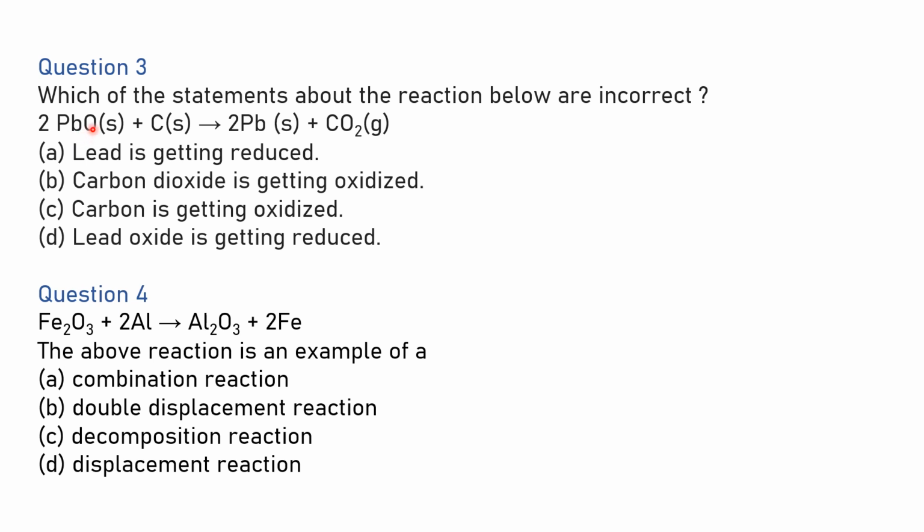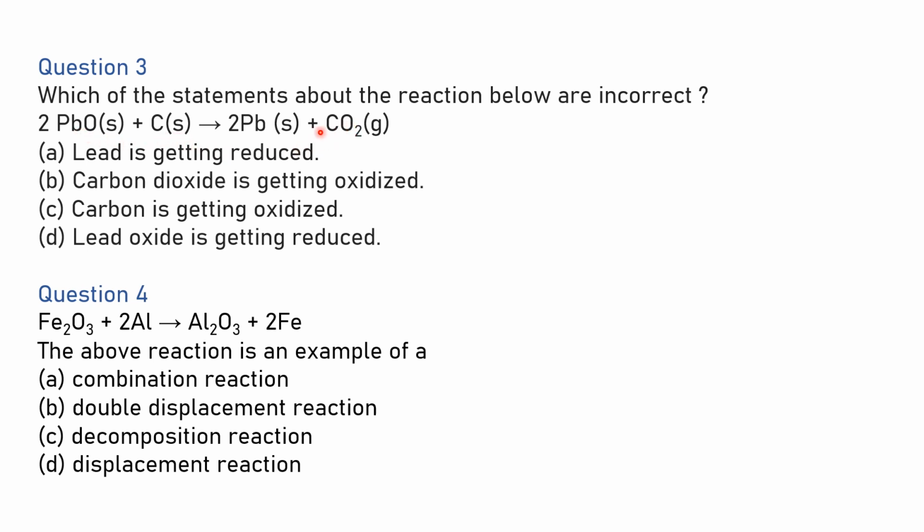That means lead oxide has lost oxygen, so lead oxide is reduced, right? Then carbon was single, and here you can see carbon dioxide. That means carbon has gained oxygen, so gain of oxygen is oxidation, and loss of oxygen is reduction. So lead oxide is reduced and carbon is oxidized, right?